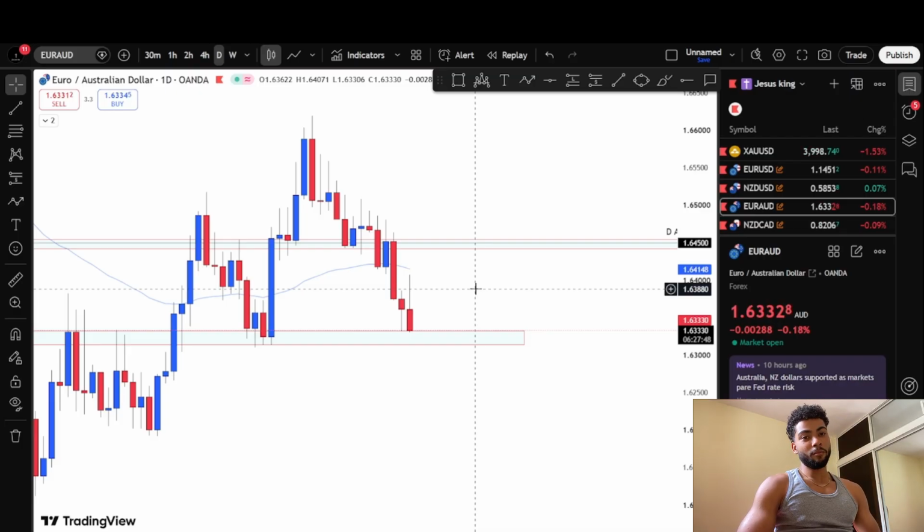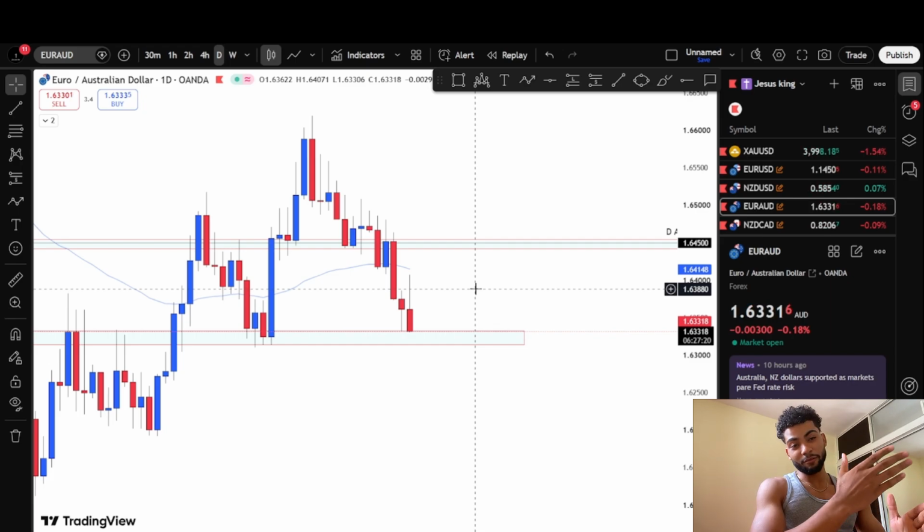I missed out on more moves than I actually catch, and that is something very normal. That's why we have a trading plan, to make sure that every single trade that we take is checked off. And if I don't check every single box in my trading plan, I cannot enter a trade.